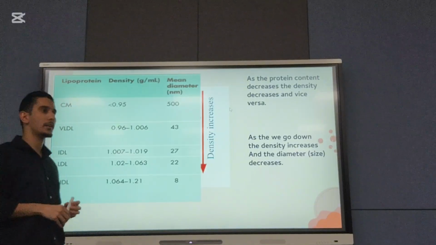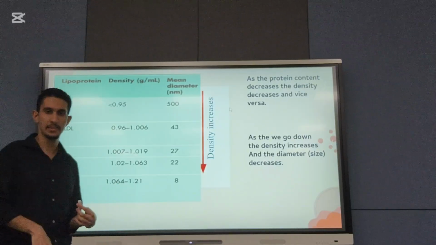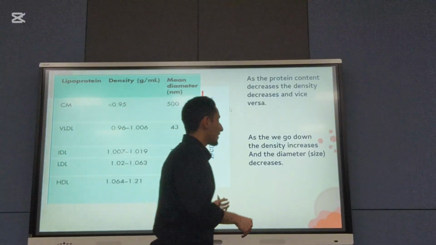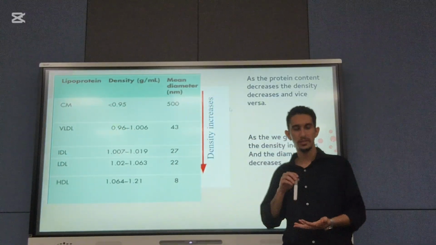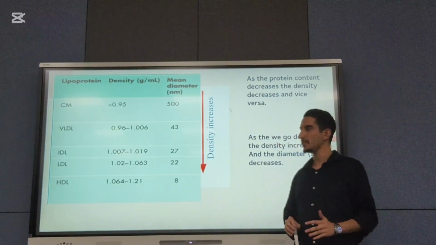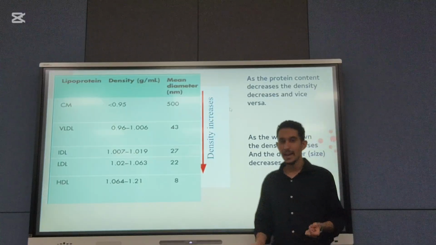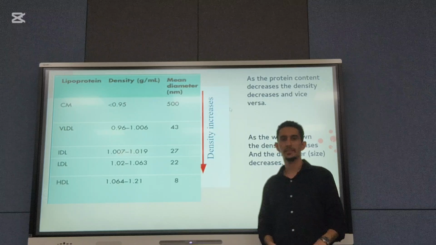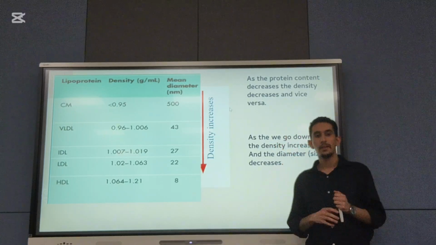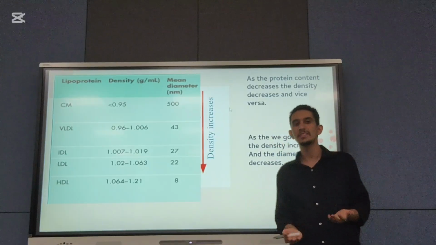as the protein content decreases, we said the density decreases. That's right? Yes. Also, as the protein content and density decrease, relative to the protein content, the lipids increase.